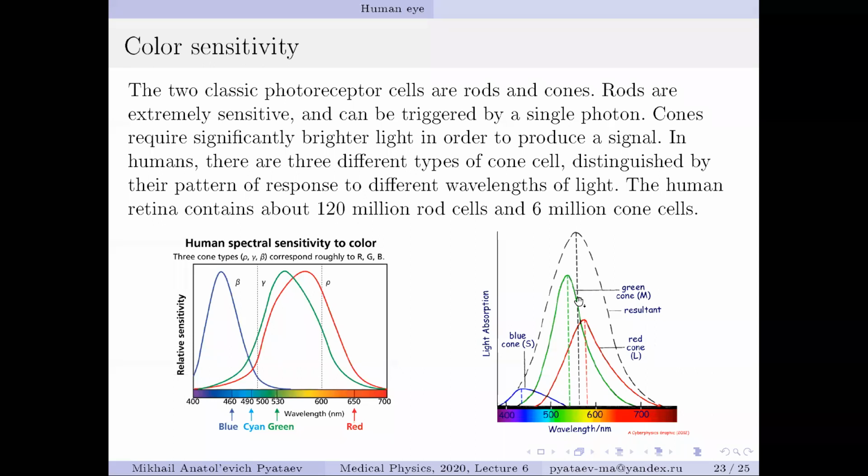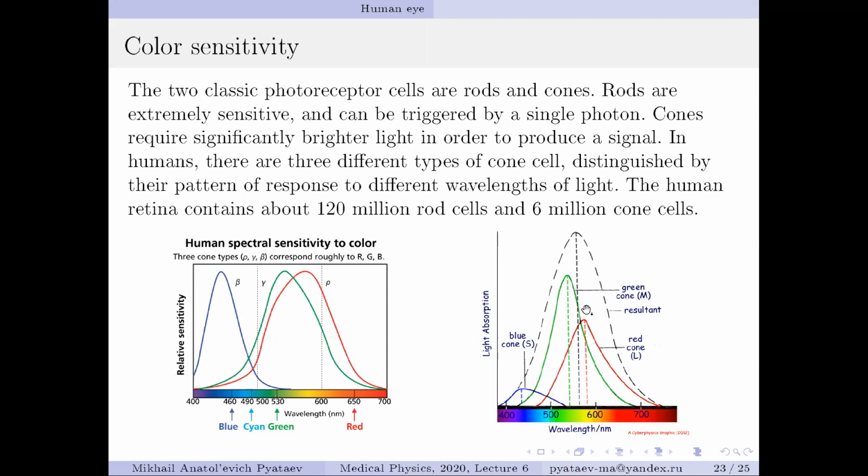So this phenomenon is widely used in computer displays. For example, right now you are looking at a screen, and actually there is no light with the wavelength of 580 nanometers, which is interpreted as yellow.